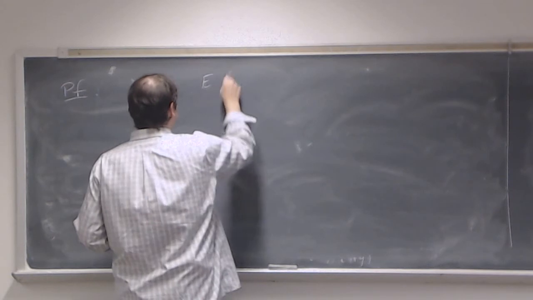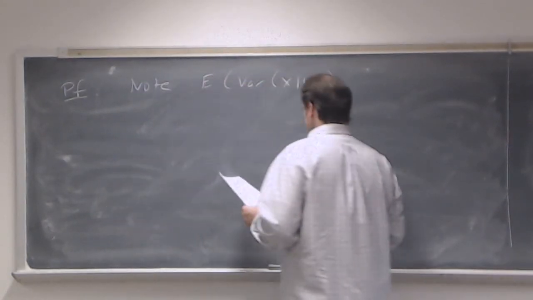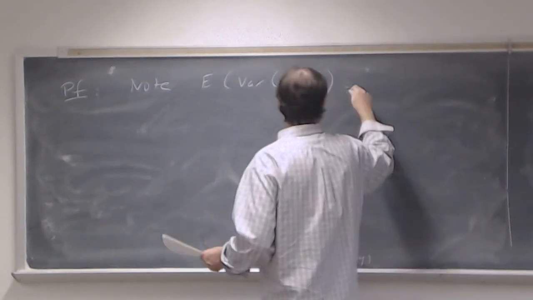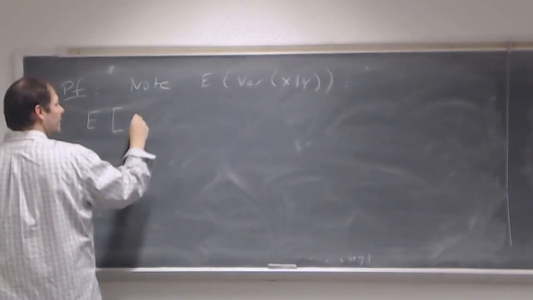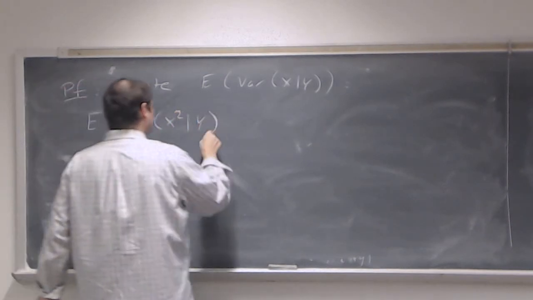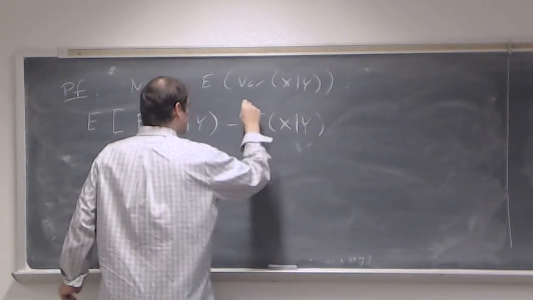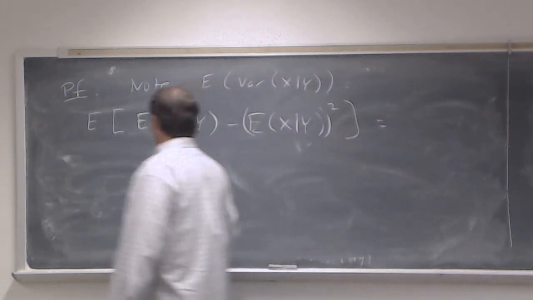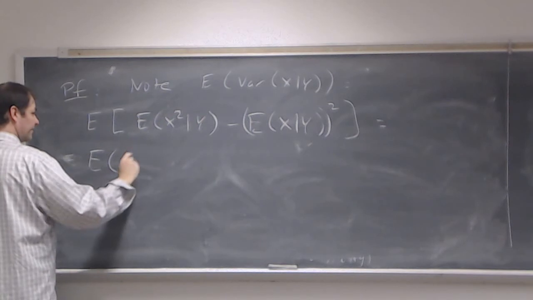So the expected value of the conditional variance of x given y is, by formula, I can rewrite as the expected value of the expected value of x squared given y minus the expected value of x given y, squared. The expected value of a subtraction is the subtraction of expected values.